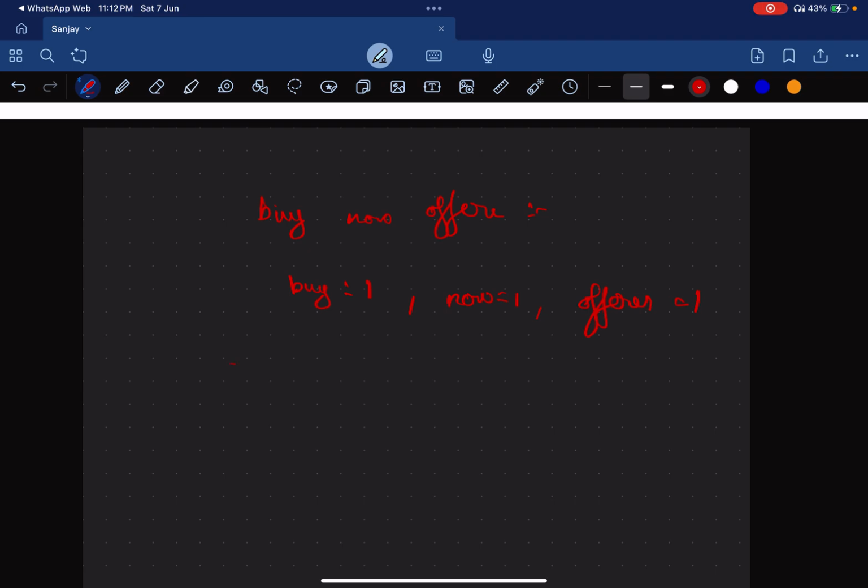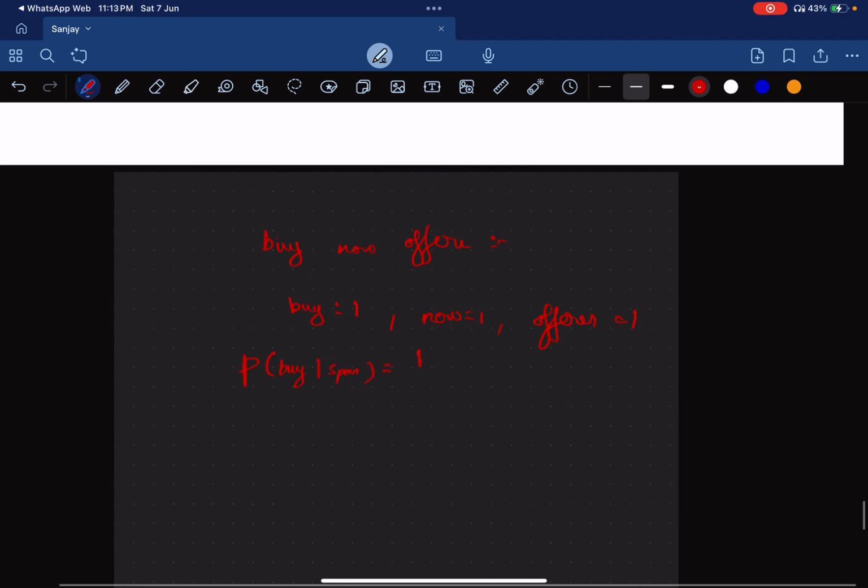It's like P of "buy" given class 1, that is spam. The answer will be based on the number of times "buy" occurs in class 1.